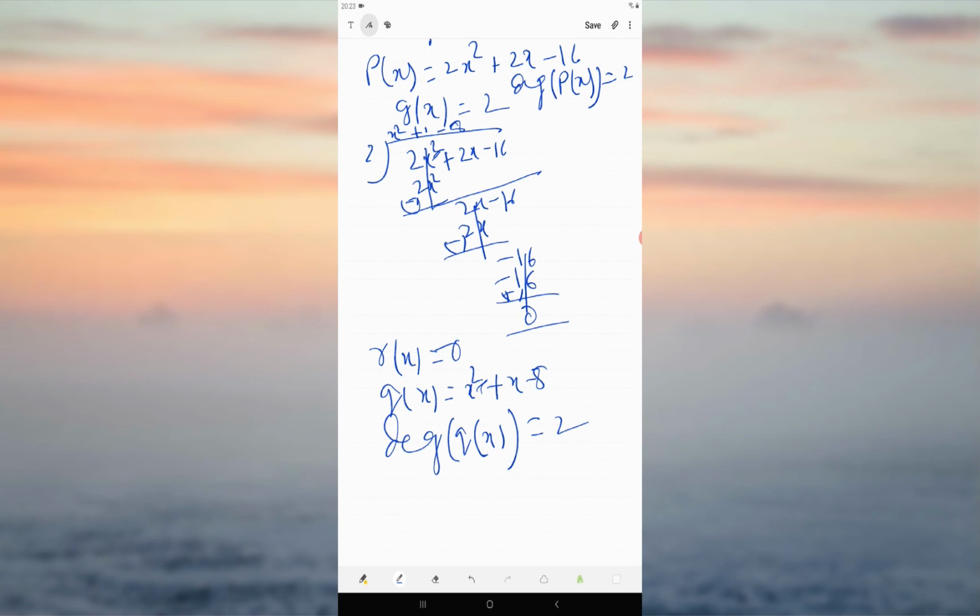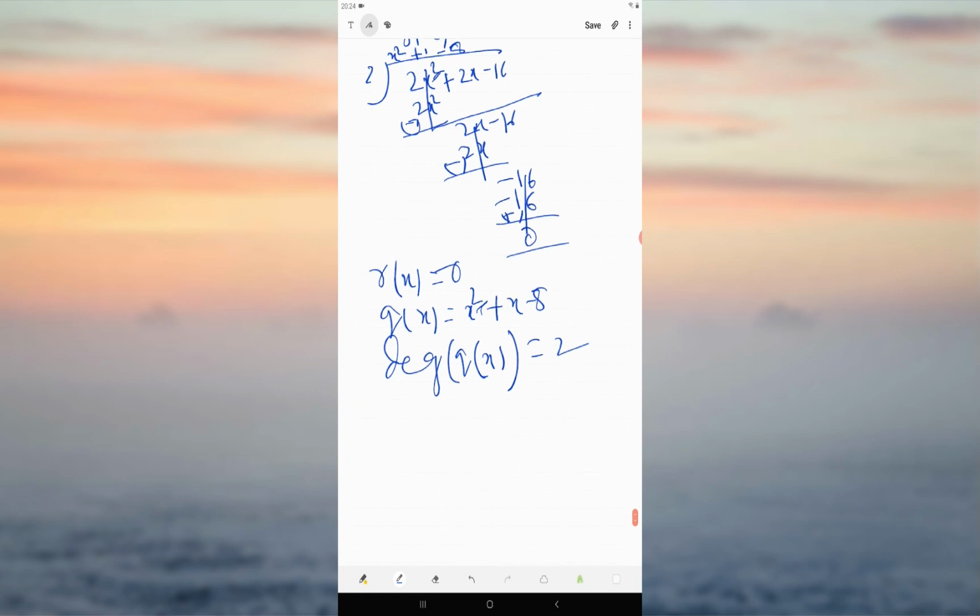I have told you in the previous video, degree is nothing but the highest power of x. So if you see p(x) and q(x), the degree is the same. So we have verified with the division, it satisfied the division algorithm, correct?